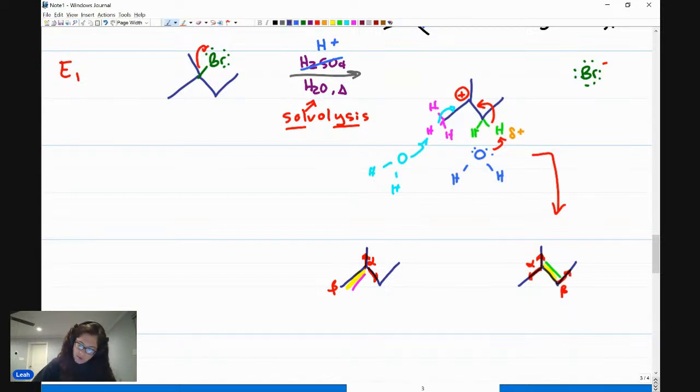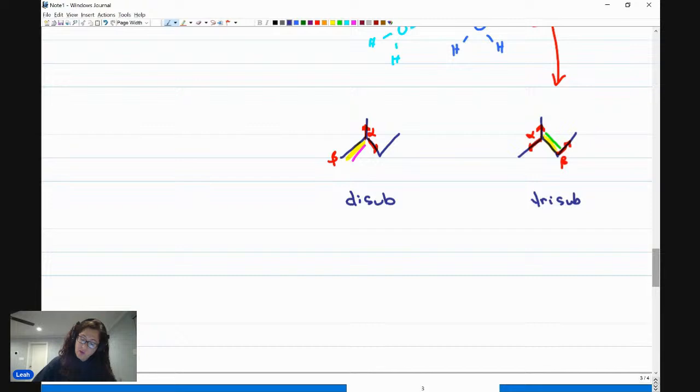So we're comparing 2 products, one that is di-substituted, one that is tri-substituted. They both can form. We're not limited to just one or the other. But remember what we talked about with the degree of substitution. The higher the degree of substitution, the more stable it is. The lower, the less stable.